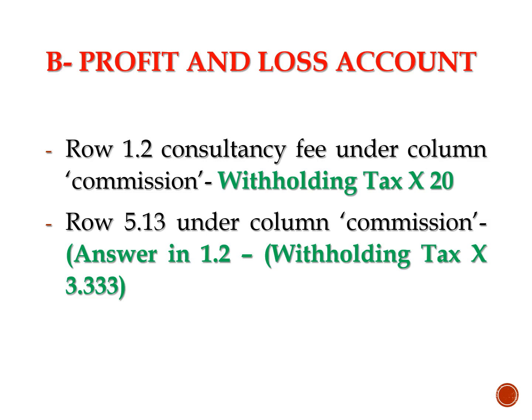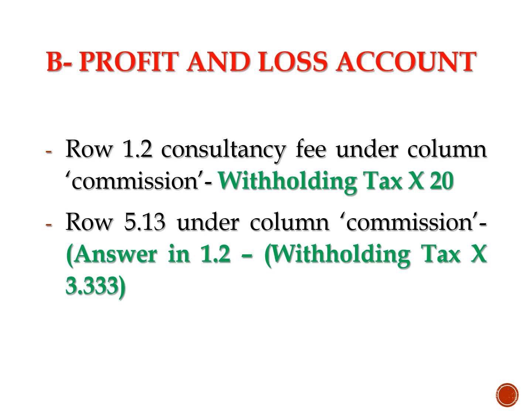Then you move down to row 5.13, again under the same column commission. You are taking what you got, like 32,420 for me, the answer you got in row 1.2. Then you subtract the withholding tax, that is 1621 in my case, times 3.333.